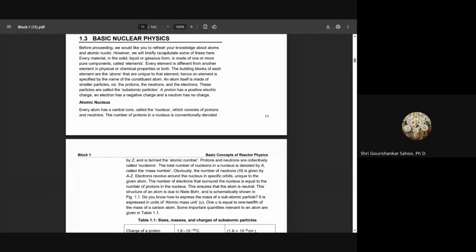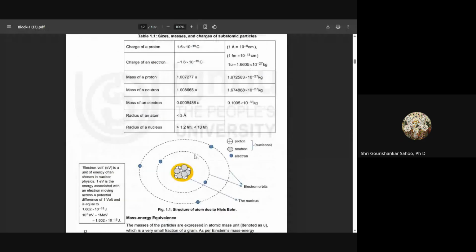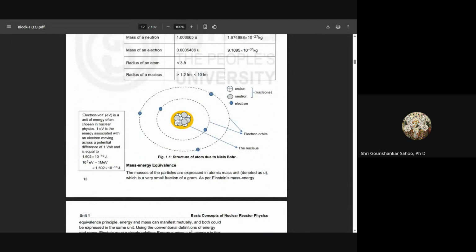So since the electrons and protons are equal in numbers, the atom is neutral, and the classical concept of the structure of the atom is given by Niels Bohr, and this can be shown as in the screen. There is a nucleus consisting of nucleons, that is protons and neutrons, and electrons revolving around the nucleus in circular orbits.